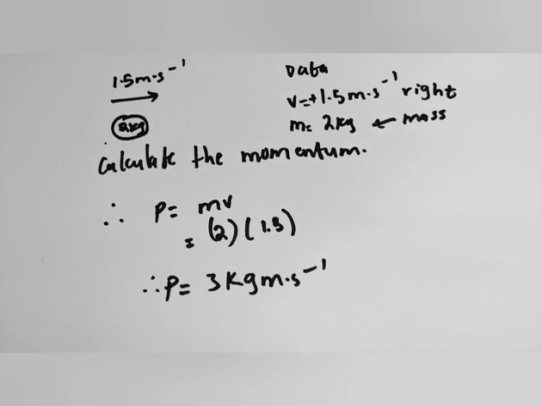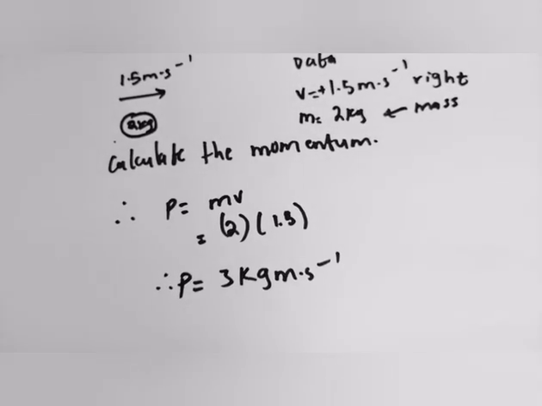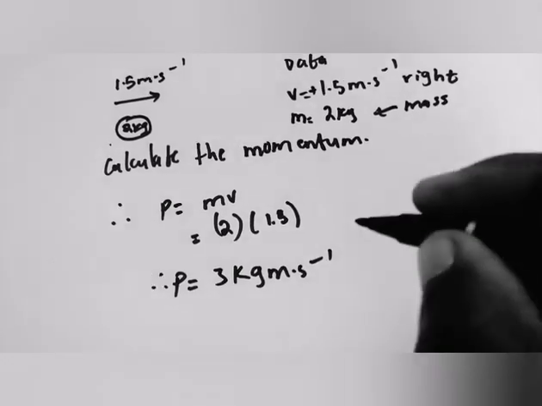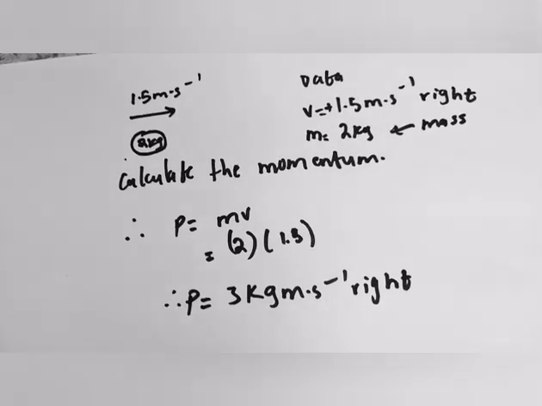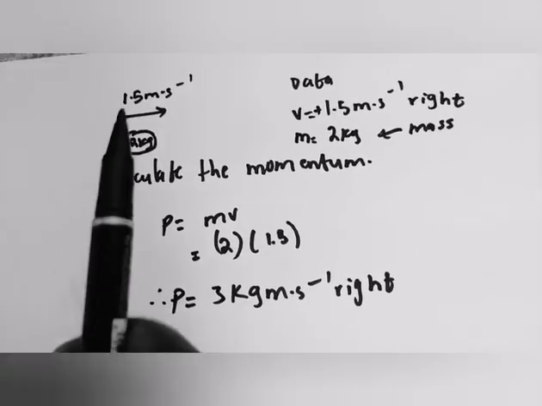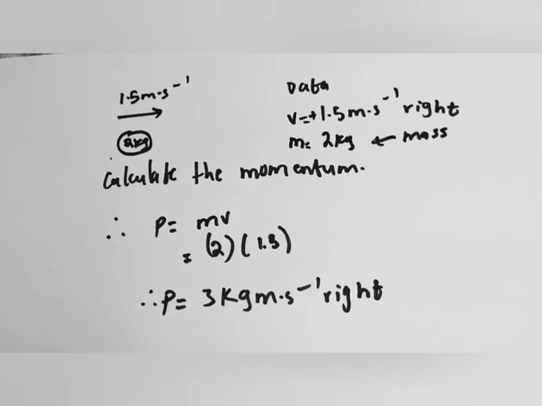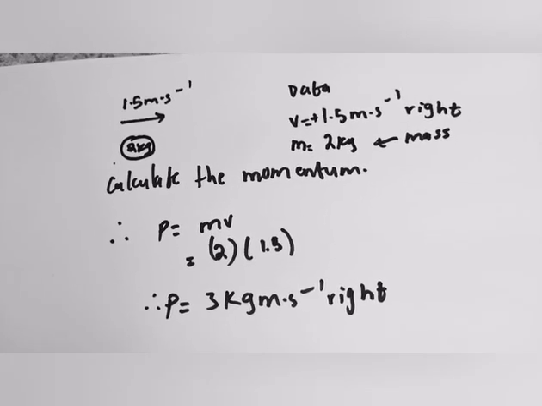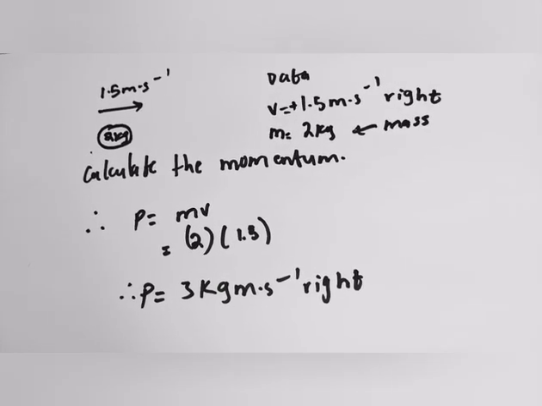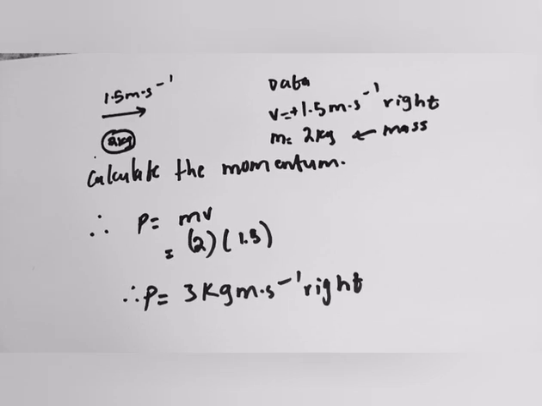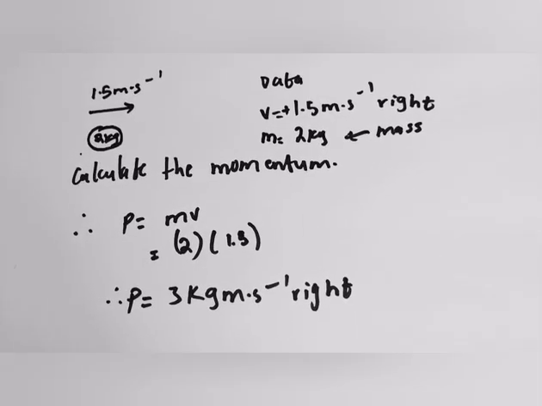Now you get 3 kg meters per second, and you must consider the direction, which is to the right, since the velocity of the object is moving to the right. So it is very important for you to consider the direction of the velocity of an object. We get the direction of an object through its velocity.